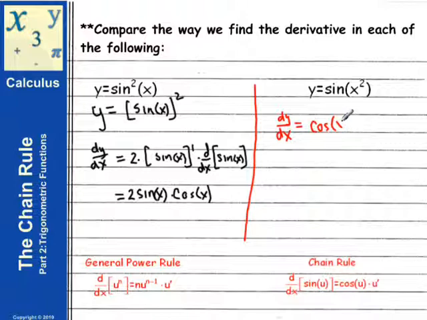But it's cosine, of course, of x squared. And then we have to say times always the derivative of the inside. Here the inside was sine of x, here the inside is x squared. So the derivative of the inside, the derivative of x squared in this case, is nothing more than 2x, and so we'll have a 2x factor we'll write in front, and we'll have the cosine then, of course, of x squared.